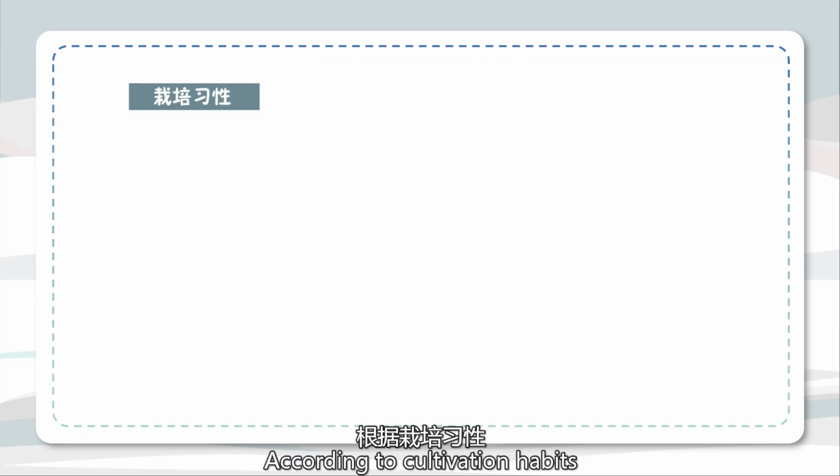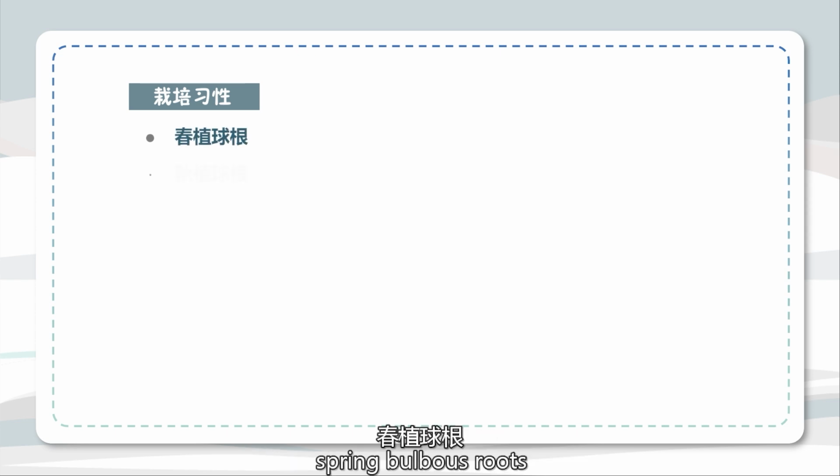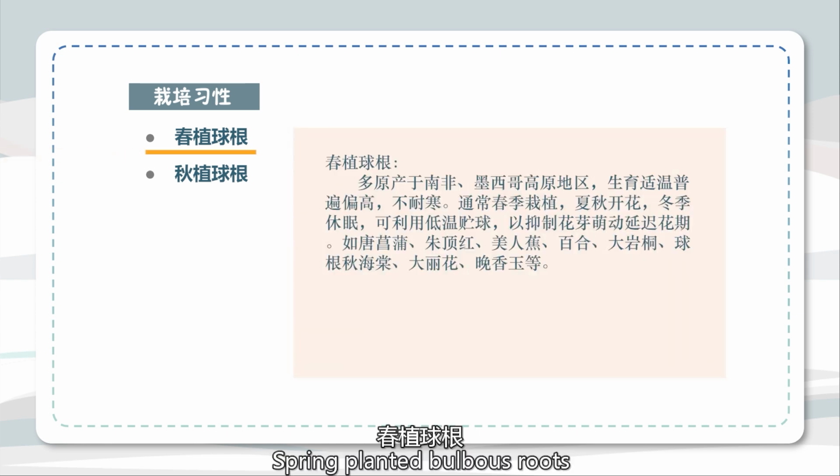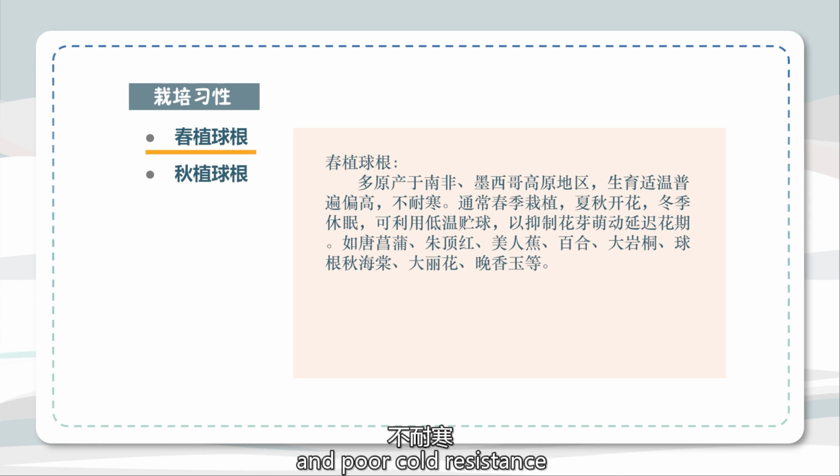According to cultivation habits, bulbous flowers can be divided into spring bulbous roots and autumn bulbous roots. Spring-planted bulbous roots are mostly native to the highlands of South Africa and Mexico, with generally high temperature tolerance and poor cold resistance. Usually planted in spring, flowering in summer and autumn, dormant in winter.